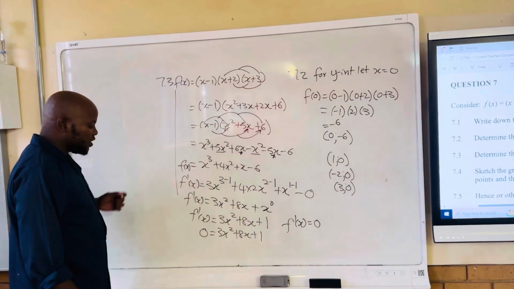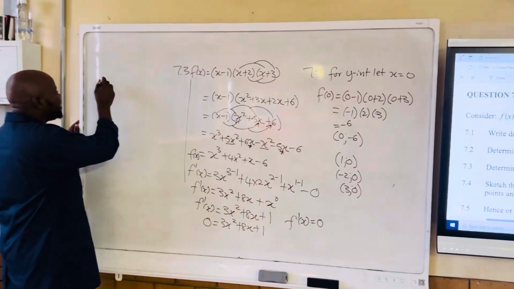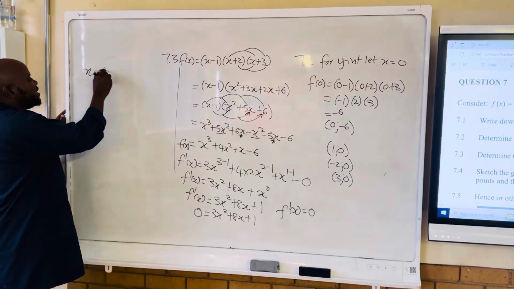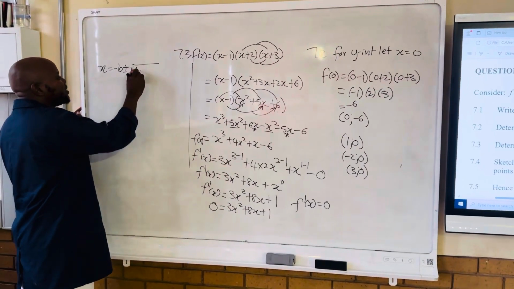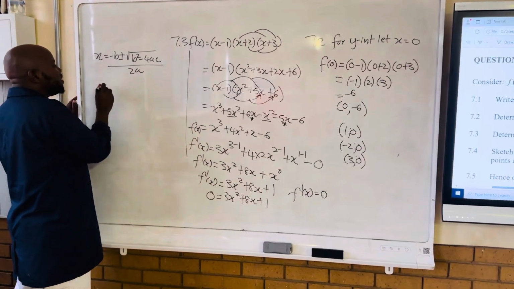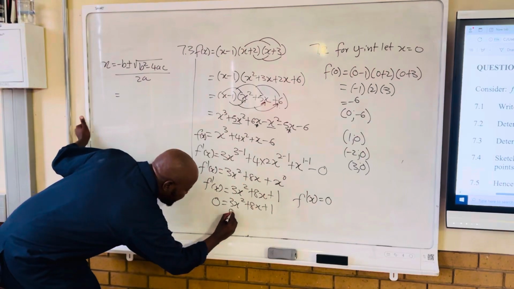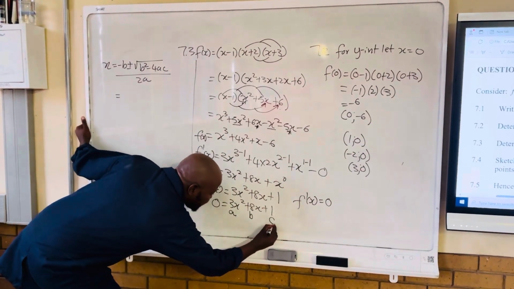What are we going to do now? We are just going to use our quadratic formula. x is equal to negative b plus or minus the root of b squared minus 4ac, divided by 2a. So we need the value of a, the value of b, the value of c.